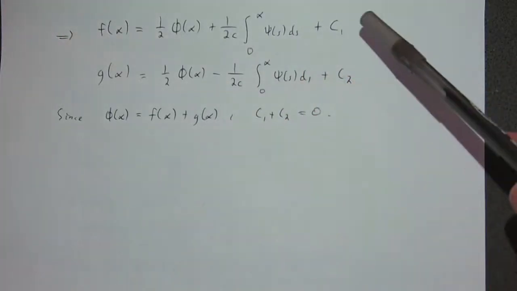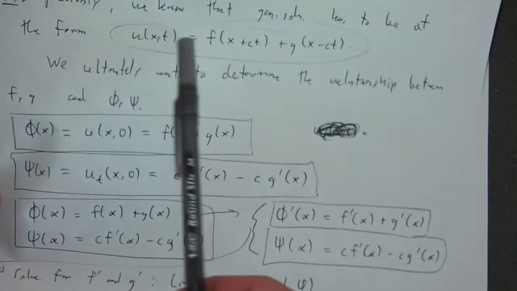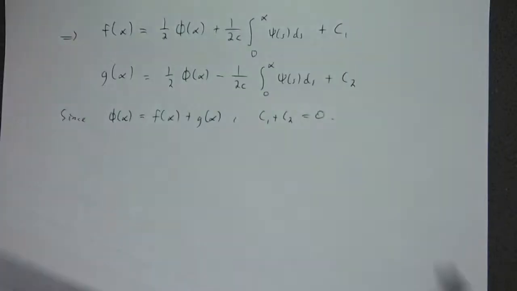So it doesn't matter what c sub 1 and c sub 2 are. When I add f and g, which is what I am required to do to find my solution, these things cancel out, and so I don't have to worry about those.